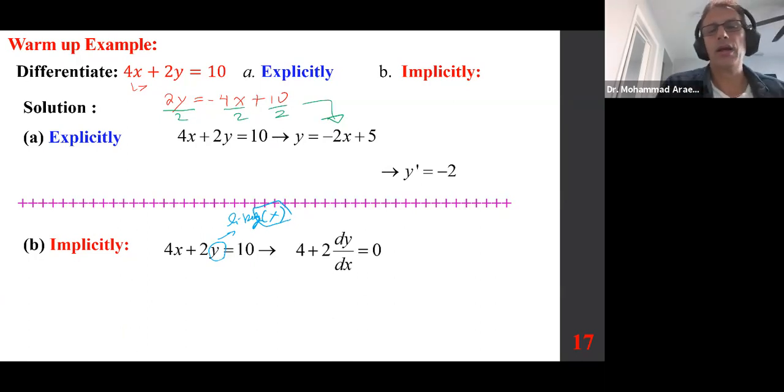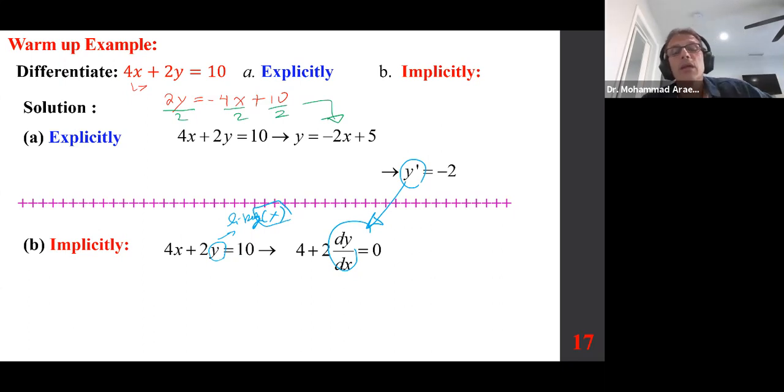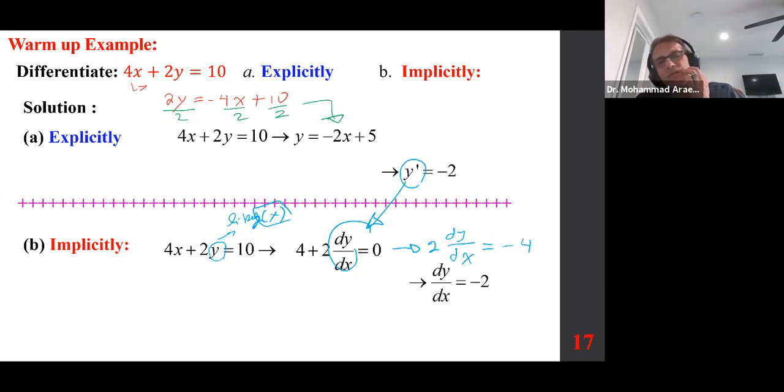Now, whether I write y prime or dy dx makes no difference. The only reason I do that is because I want to refresh your memory that they mean the same thing. So your next step is to move the 4. Divide both sides by 2, and that's your final answer.